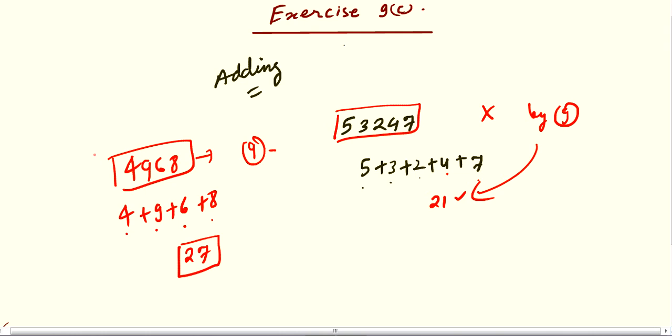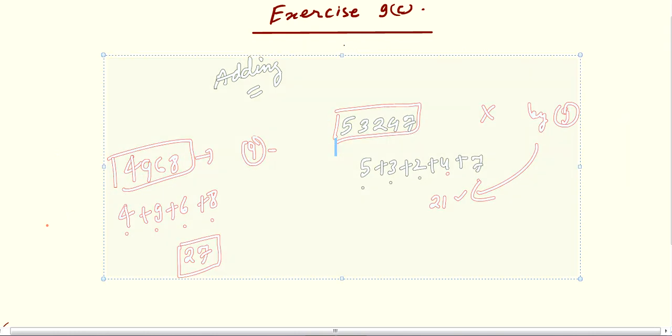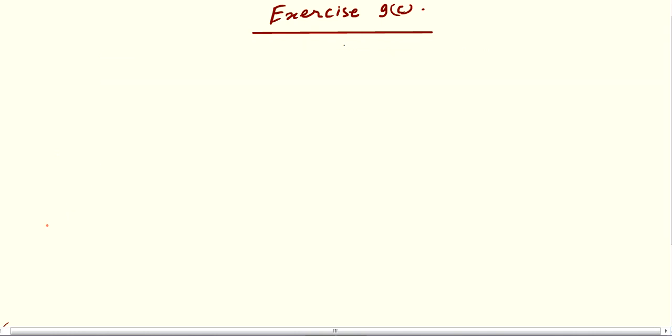Then the next divisibility is about 6. For 6, it's a little bit interesting. To check whether a given number is divisible by 6, the number must be divisible by 2 and 3. For example, 2010.